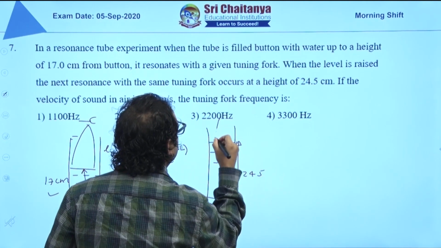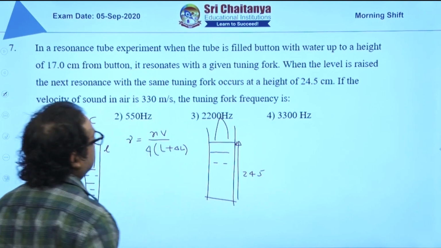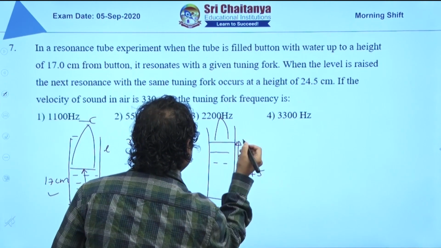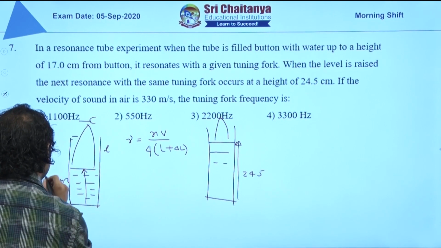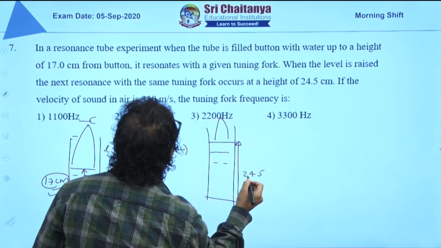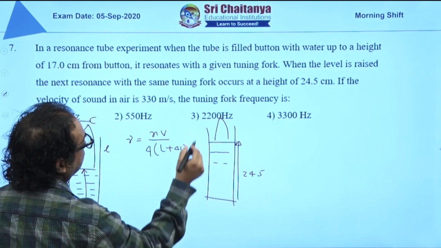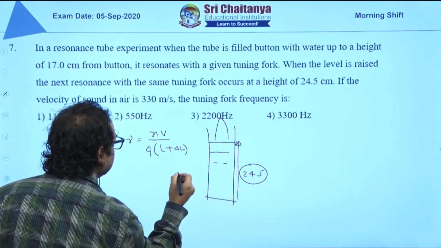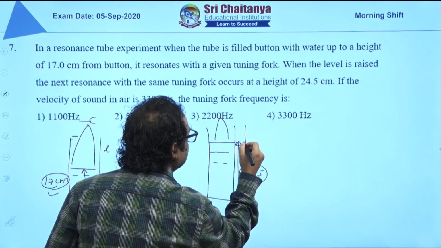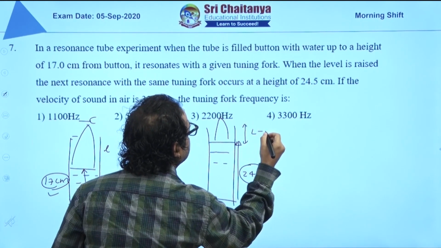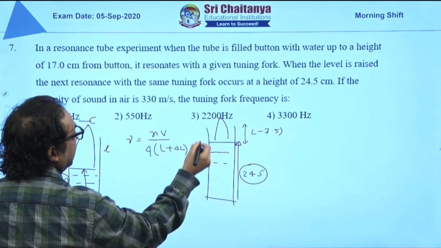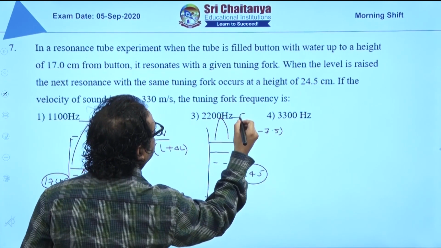So, now again there is standing wave. So, further we can see that this is 17 and this is 24.5. So, what is the rise? 7.5. So, this length is nothing but L minus 7.5.